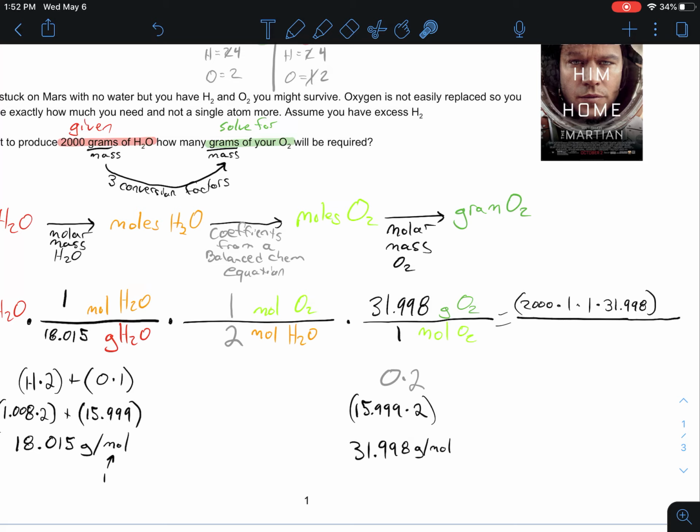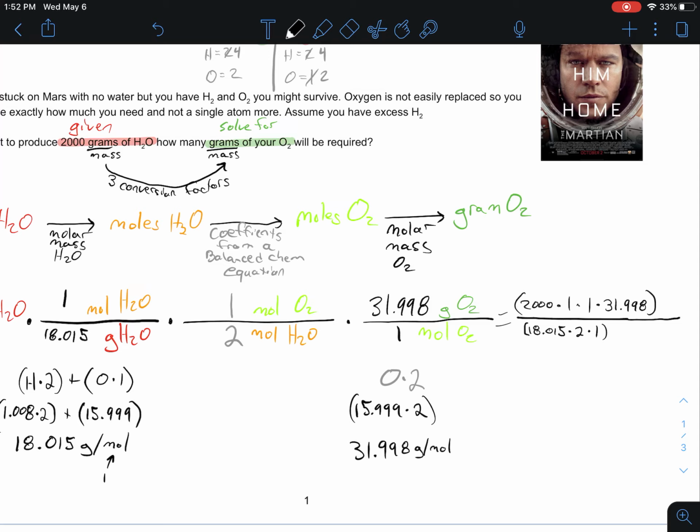Now, condense the bottom before I bother solving. Got to condense the bottom denominators. 18.015, the 2, and the 1. Condense them so that they're all multiplied by each other. 18.015 times 2 times 1.